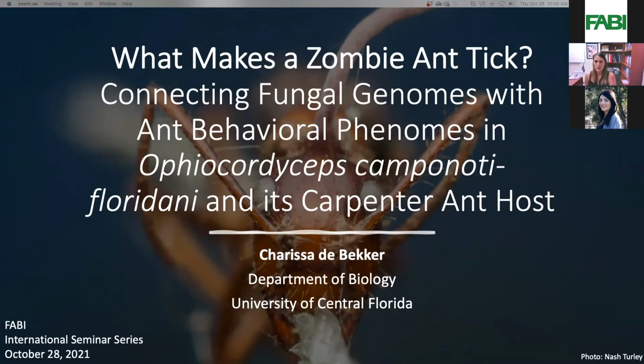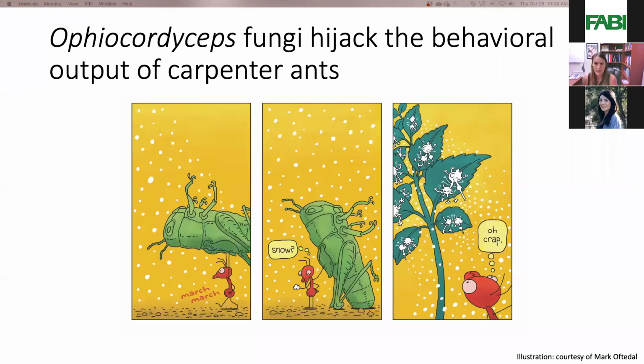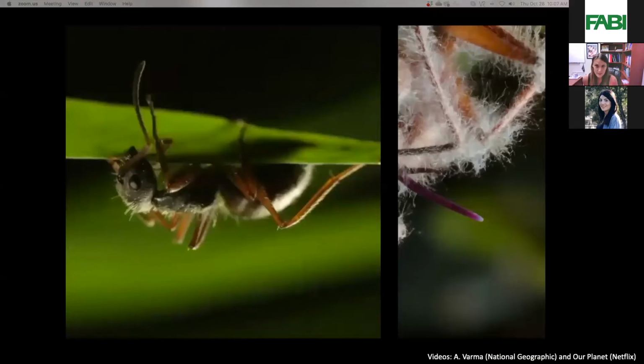Now, to introduce you a little bit here. Carpenter ants of the foraging caste generally get infected by Ophiocordyceps as they pick up fungal spores during a foraging bout. Upon initial infection, the ant returns back to the nest where she first behaves normally, and then the infection initially remains unnoticed by nestmates.